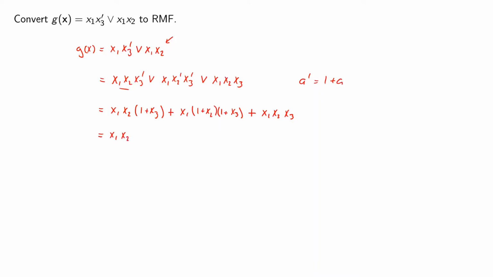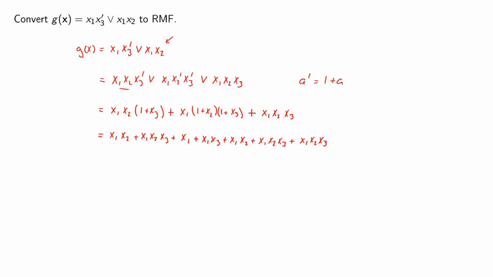So we have x1 x2 plus x1 x2 x3 plus x1 plus x1 x3 plus x1 x2 plus x1 x2 x3 plus again the last term x1 x2 x3.